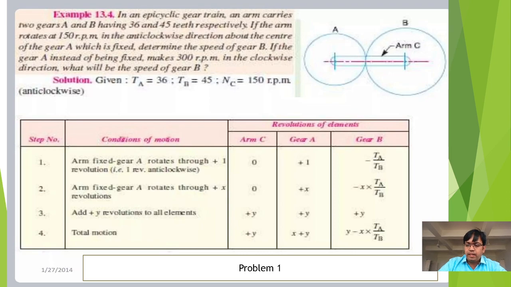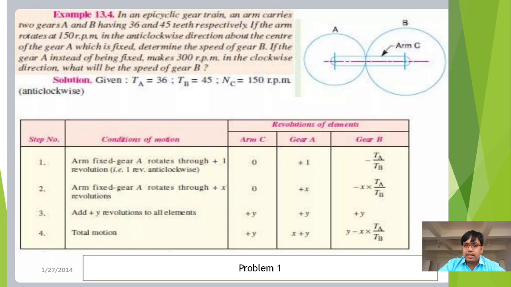NA by NB is equal to TA by TB. Now NA is the speed of gear A. Gear A is rotating in the anti-clockwise direction, so you put a positive sign in front of NA. And gear B is rotating in the clockwise direction, so you put a negative sign.